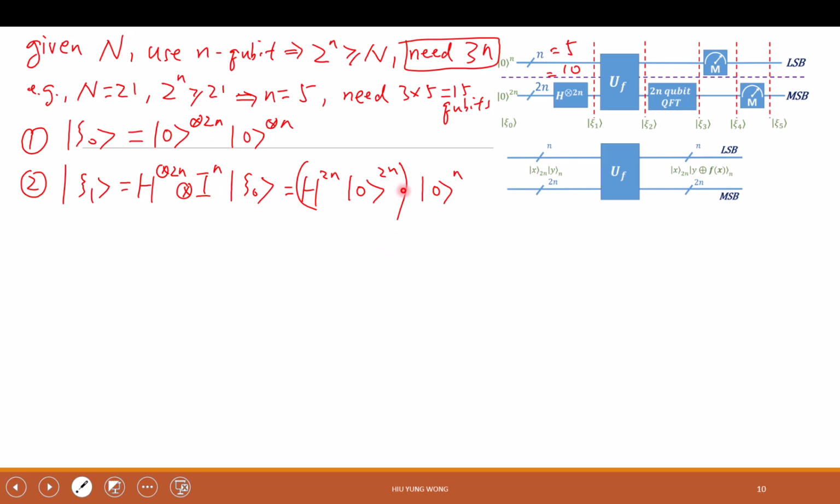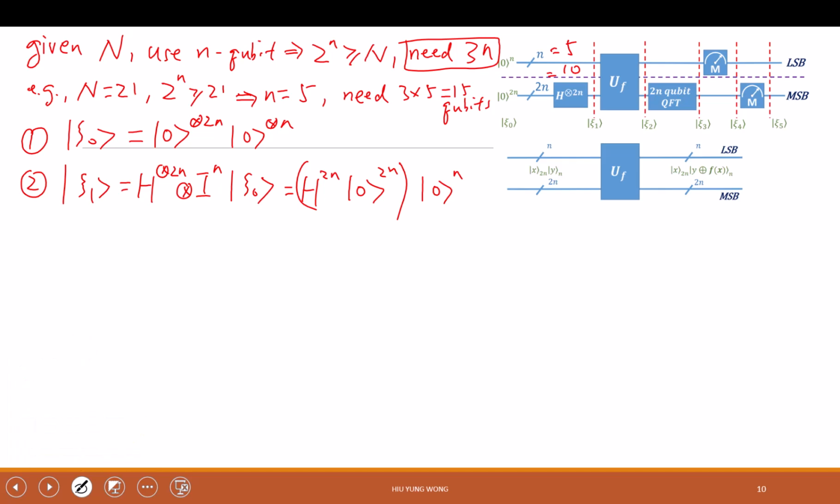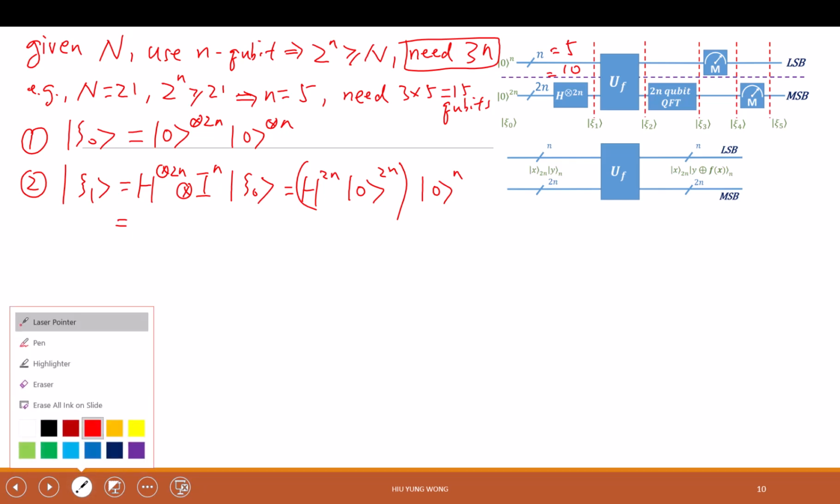Make sense? What is H applied to this? Well, you probably forgot, but you have the equation. Yes, |0> plus |1>, but that's only for 1 qubit. For 2n qubits, what is that? It's the superposition of all the states of the 2n qubits, the Hilbert space.